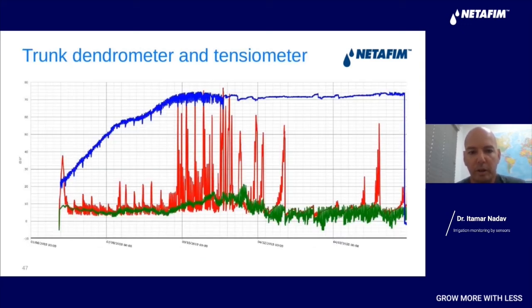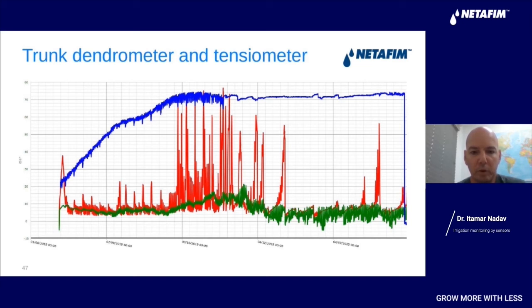And here you can see that we can put together dendrometer and tensiometer, and you can see the development of the trunk. And you can see that when the soil is at high potential, and you can see the high bars of the tensiometer in red, you can also see the response of the dendrometer.